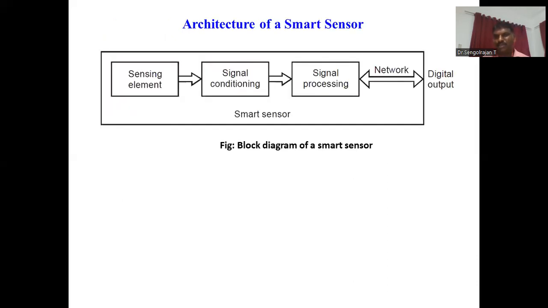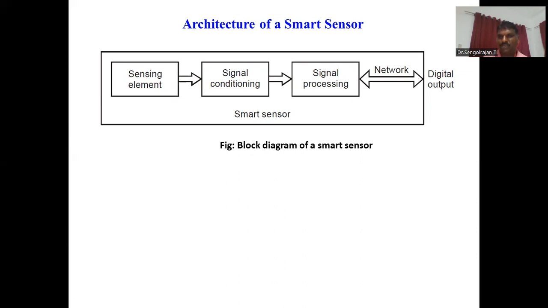Let me see the architecture of a smart sensor. On the left hand side you have the sensing element, which senses or captures the signal and gives it to the signal conditioning circuit, where the signal conditioning eliminates SNR, signal to noise ratio, and distortion.